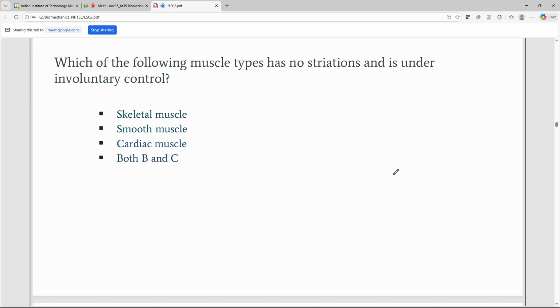Next question. Which of the muscles has no striations and is under involuntary control? Options are skeletal muscle, smooth muscle, cardiac muscle, and the last option is both B and C, that is both smooth and cardiac muscle.